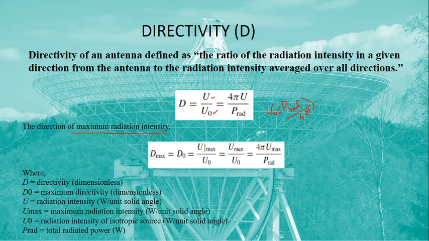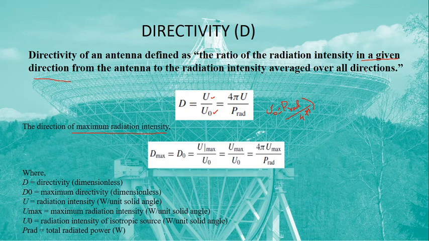So this is U maximum divided by U naught, and U naught once again is power radiated divided by 4 pi. When you reciprocate, this becomes 4 pi into U max divided by the power radiated. So if we know the direction, then directivity is the ratio of radiation intensity in a given direction to the radiation intensity averaged over all directions.